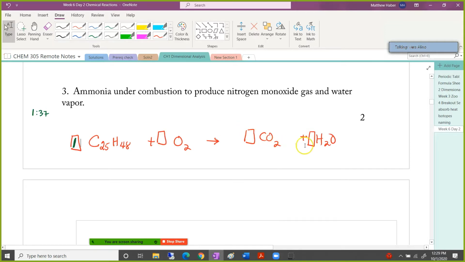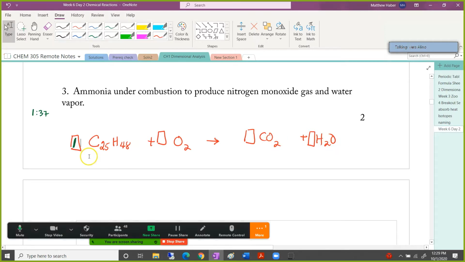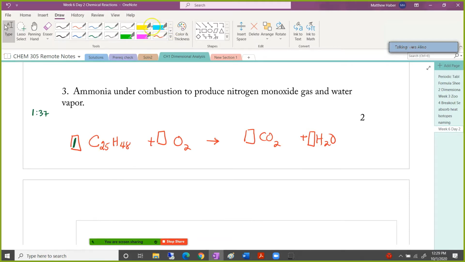Because on the other side of the equation, you have two sources of oxygen, so now you're going to start guessing, right? So I'm going to go with my fuel as my basis. I'm going to assume that there's 1 molecule of this fuel, which means that there's 25 carbons and 48 hydrogen atoms, which means the number of carbon dioxide must be 25 in order to balance out the number of carbons.